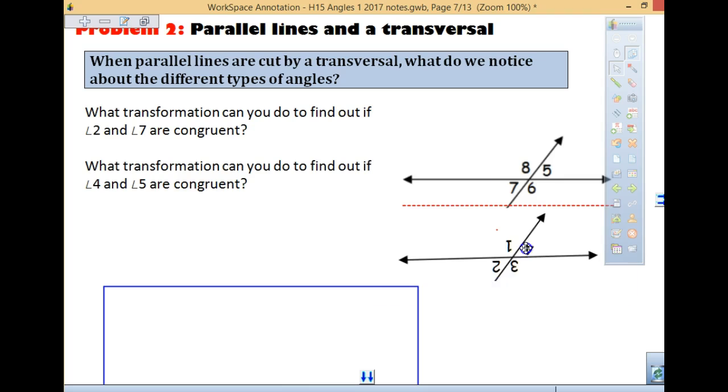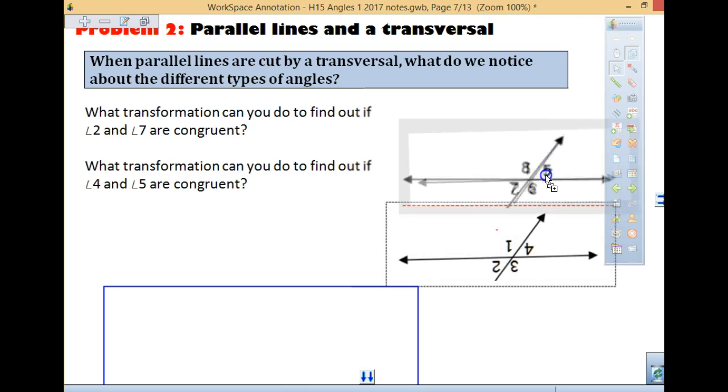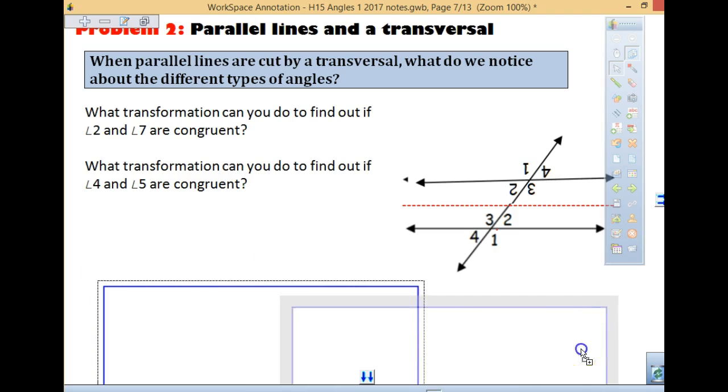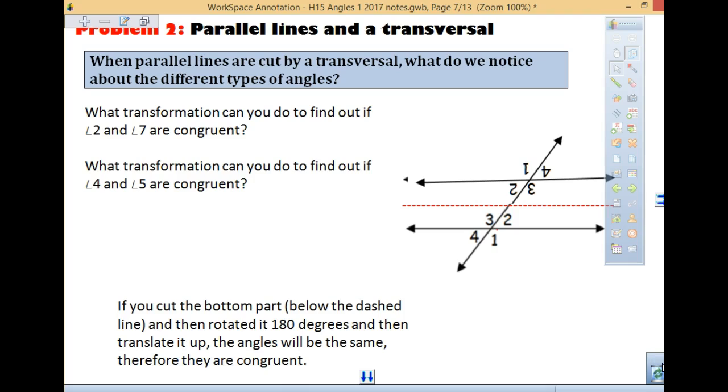And then I slide this, what am I going to notice is happening? Is that the one alternate exterior, right? So 2 and 2 are going to be the same. 1 and 1. Those measures will be exactly the same when I'm moving those, okay? So if we are taking a look, what transformation is going to make that 4 and 5?